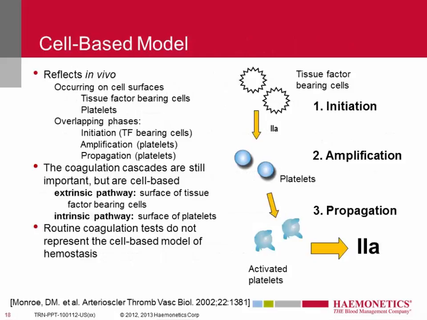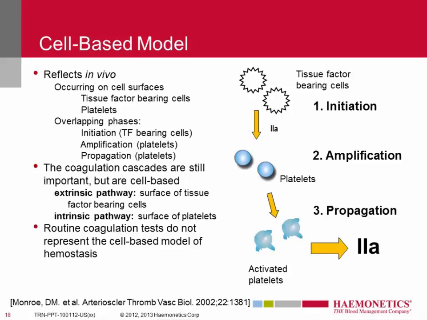So the cell-based model is what TEG is based off, in almost all of the whole blood assays. So light transmission aggregometry, platelet function assays, they're all based on whole blood. So they're not plasma, and those blood products are not spun out.